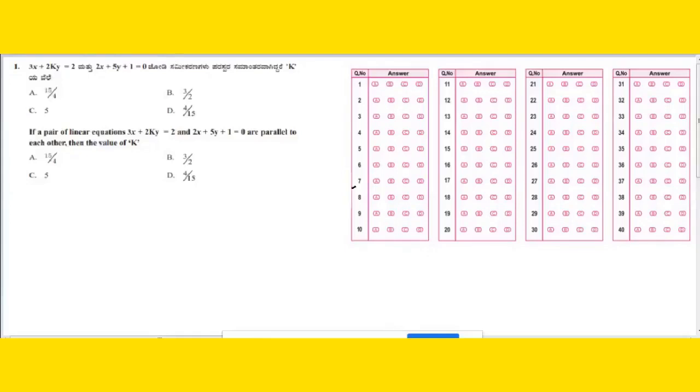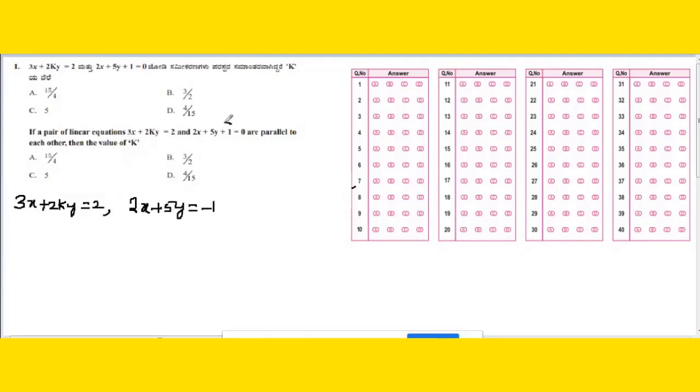Let us discuss the first problem in the mathematics model paper. If the pair of linear equations 3x plus 2ky is equal to 2 and 2x plus 5y plus 1 is equal to 0 are parallel, then find the value of k. Let us take the pair of linear equations 3x plus 2ky is equal to 2 and 2x plus 5y is equal to minus 1.